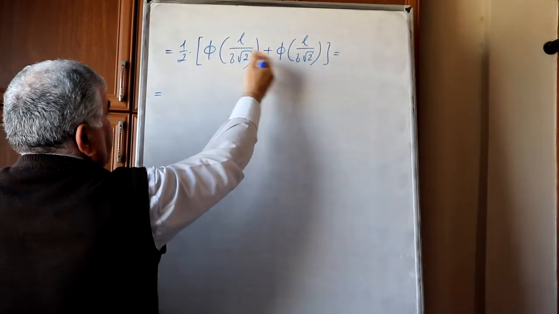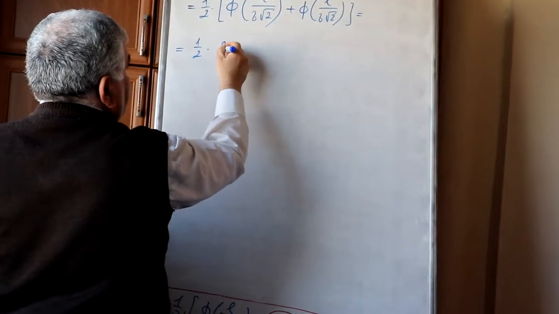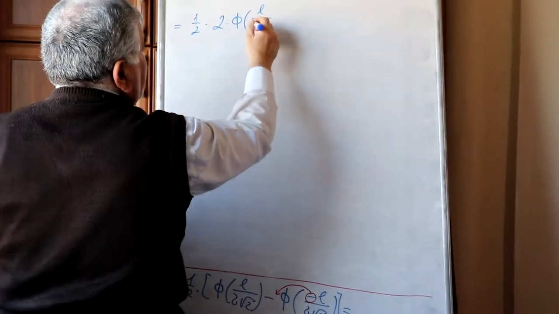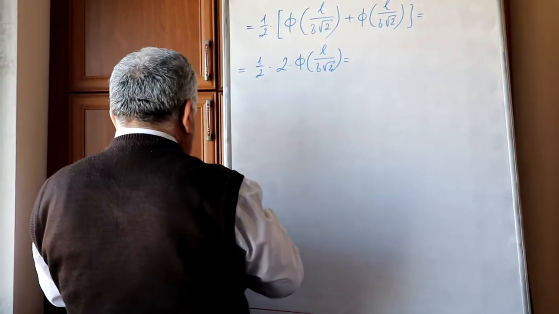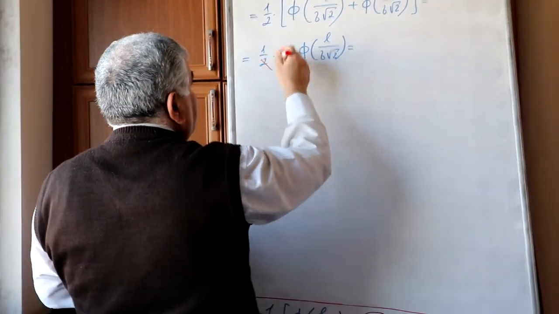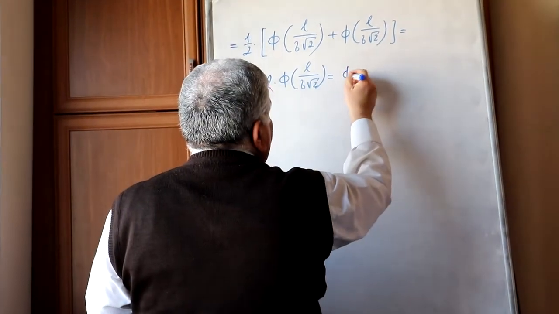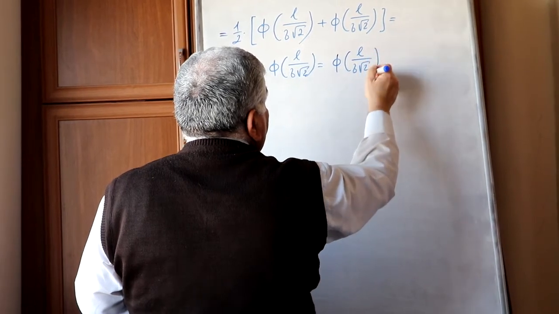They are the same terms: 1 second multiplied by twice phi capital of L over sigma square root of 2. Here 2 and 1 second are simplified, and finally we have phi of L over sigma square root of 2.